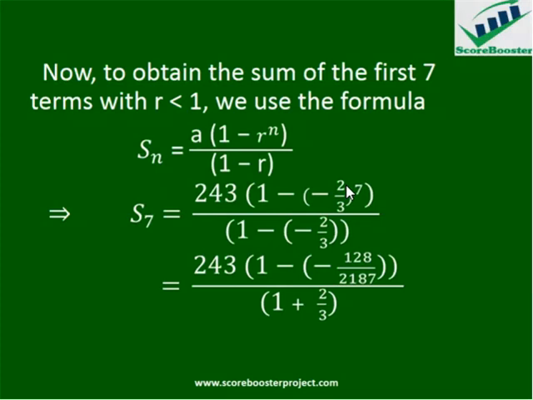Minus 32 multiplied by minus 2 gives 64. And 64 multiplied by minus 2 gives minus 128. The same thing is applicable to 3 raised to the power 7, which will give 2187. So we now deal with the denominator. 1 minus minus 2 over 3 gives 1 plus 2 over 3.